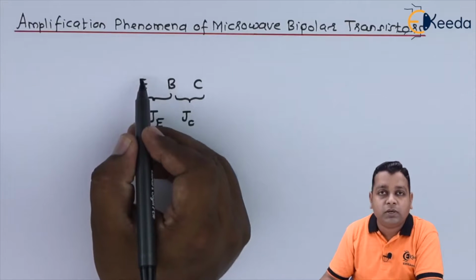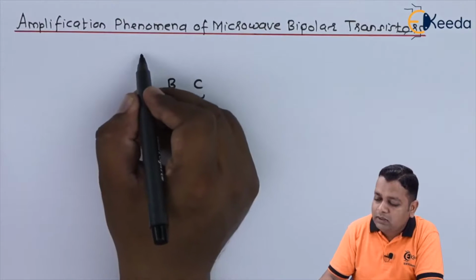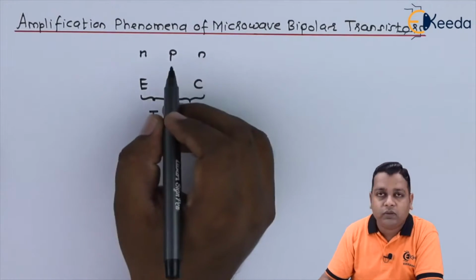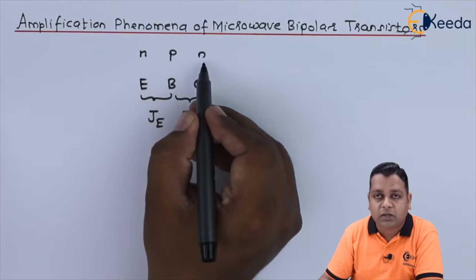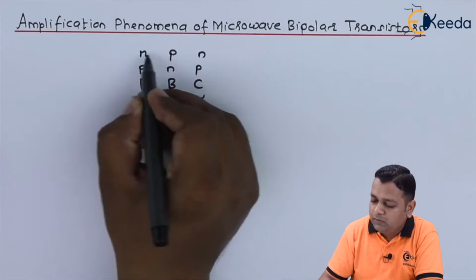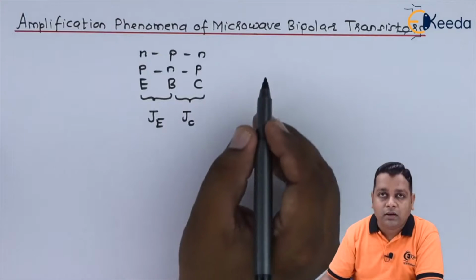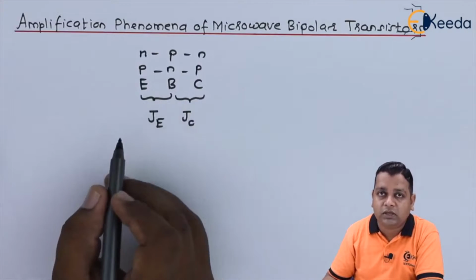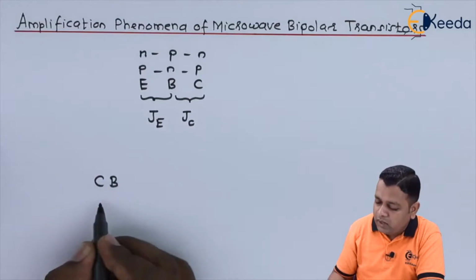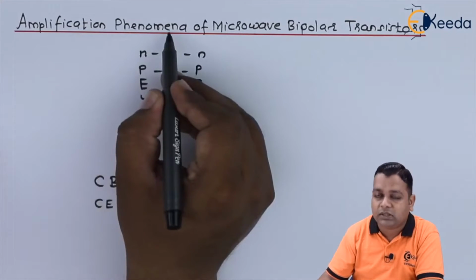Now the selection of semiconductor material for the emitter, base and collector may be either in the sequence N, P, N, that is N-type semiconductor, P-type semiconductor, N-type semiconductor, or P, N, P. So this is the microwave bipolar transistor, and in this topic we shall be considering two modes, the common base configuration and then the common emitter configuration, for the amplification phenomena.